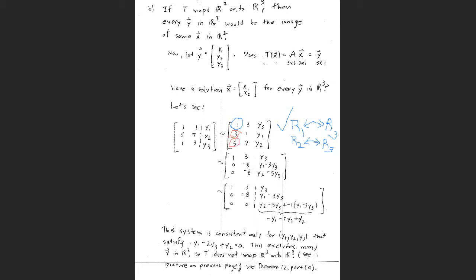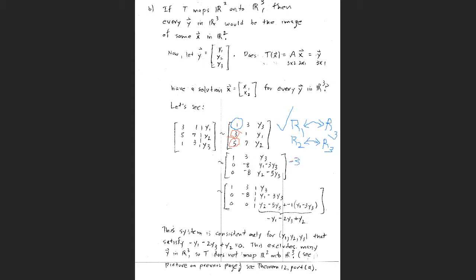Well, we could get it in reduced echelon form, but we only need to get it in echelon form. That's right, Haley. We're only going to really need to get it in echelon form to answer the question we need to answer.